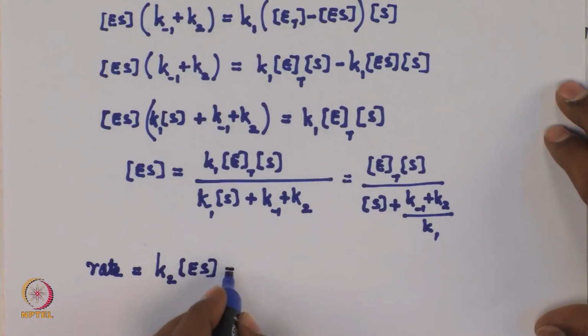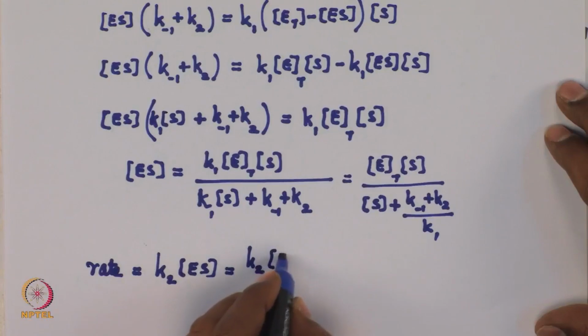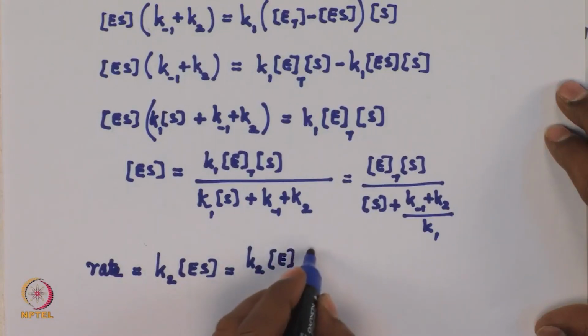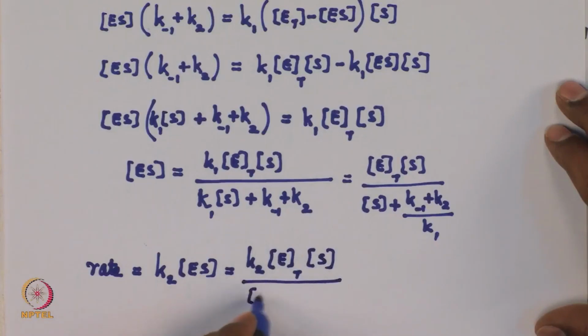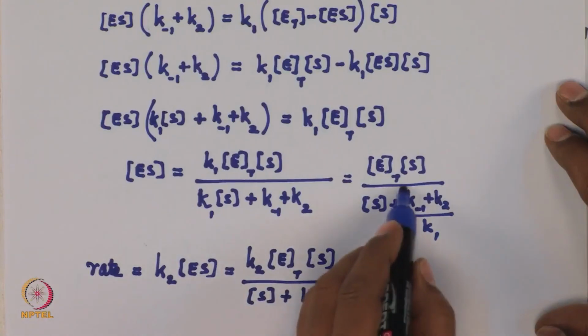So, this is equal to K2 into total enzyme concentration into substrate concentration over substrate concentration plus this, the Michaelis-Menten constant.